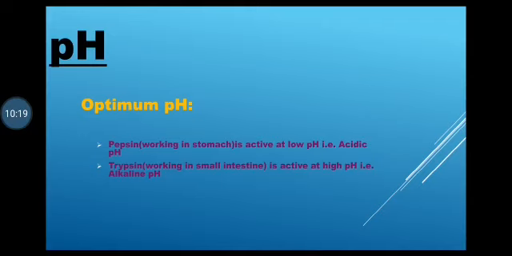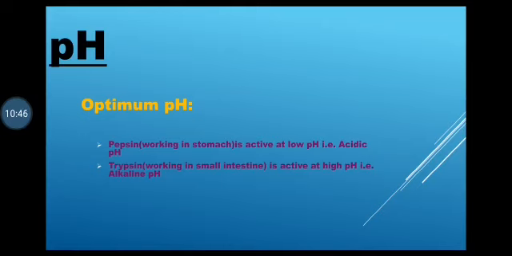Similarly, trypsin is also a protein digesting enzyme, but they work at different pH. Trypsin works in the small intestine, but it becomes active at high pH, that is, alkaline pH.